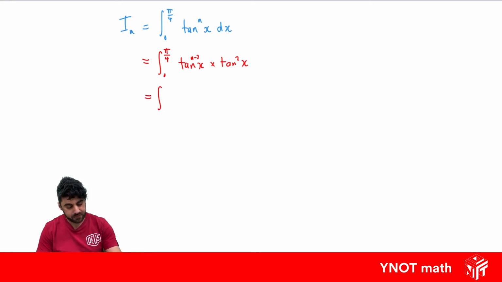Now, in the integral from 0 to pi on 4 of tan of x to the n minus 2 times tan squared x, tan squared is the same thing as sec squared minus 1. Should be a dx here and here. And let's go ahead and expand this out.